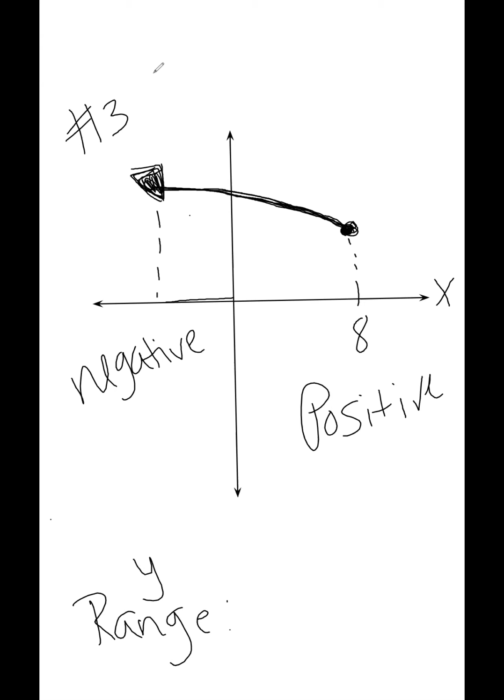So on my range, I'm going to pretend that this is like 3. Remember, we go least to greatest, and that means we go bottom to top on range because we're looking at this y-axis. So I'm going to crop to my y-axis, which is at that 3. So now I'm going to have a y and a 3.